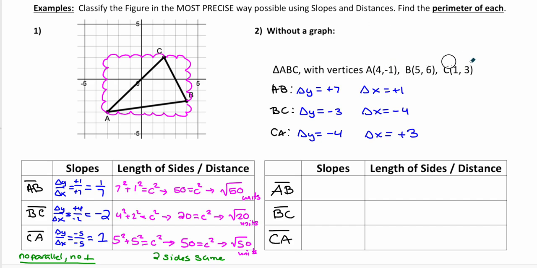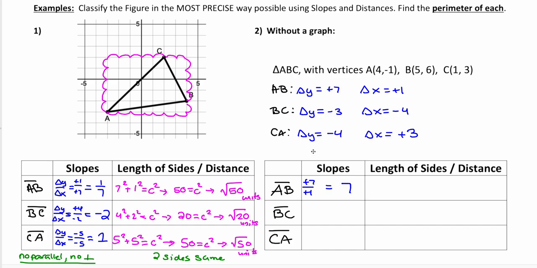Now that I have these values, I can do my change in y over change in x. AB, change in y was a positive 7, divided by a positive 1, which is equal to 7. Our slope is 7.